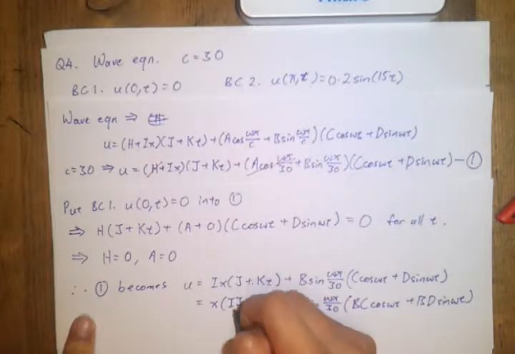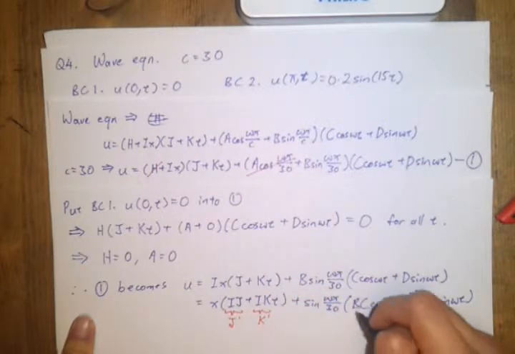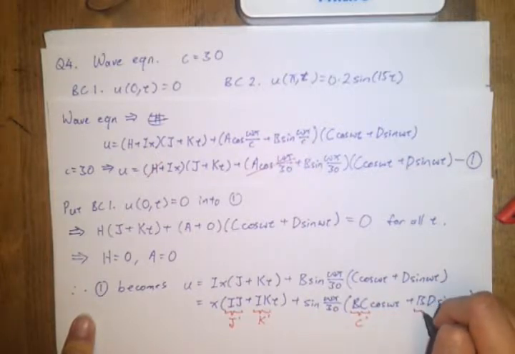I call i times j as j prime, i times k as k prime, b times c as c prime, and b times d as d prime.